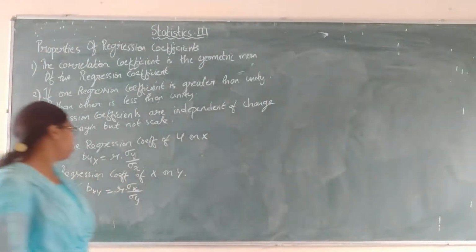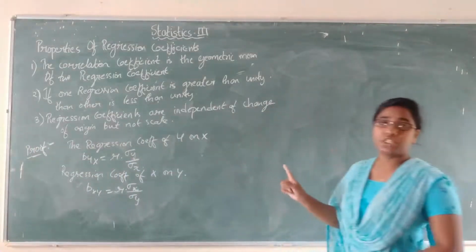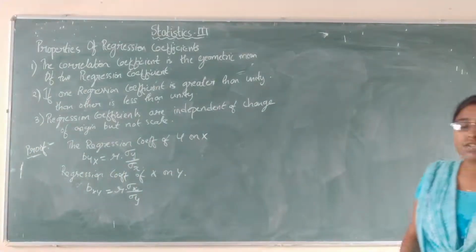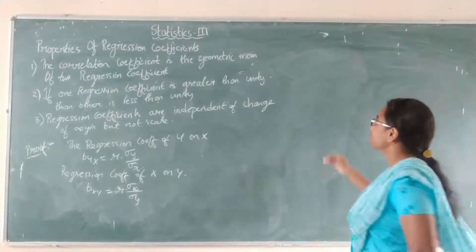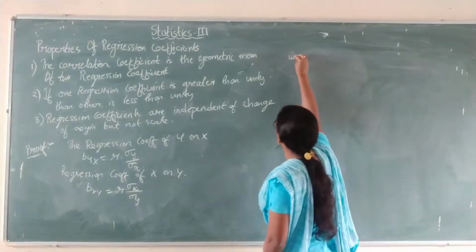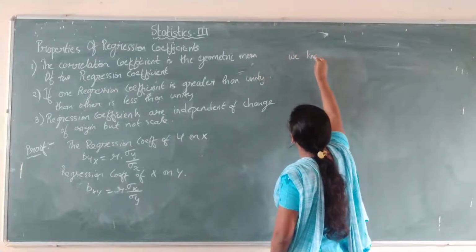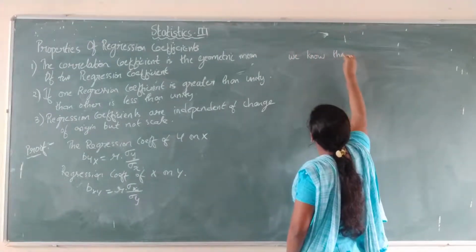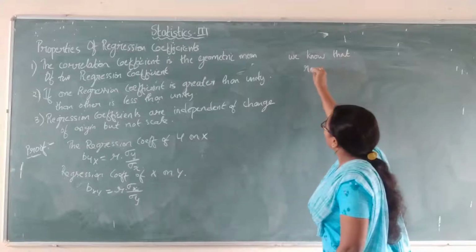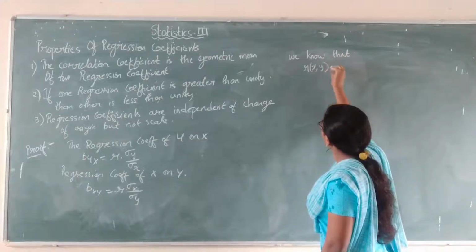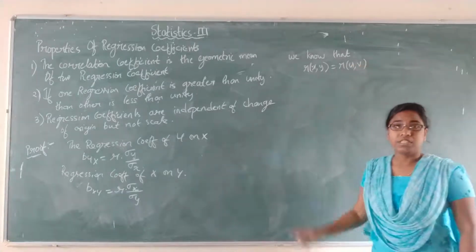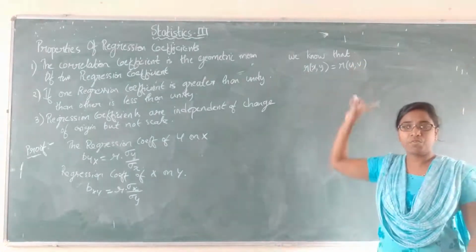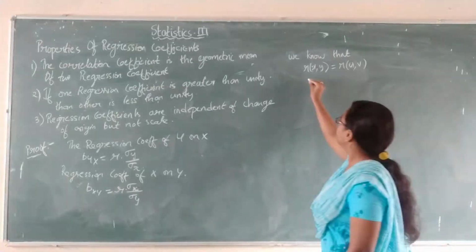Now what we have to prove? It is independent of change of origin but not scale. For this we will consider the correlation coefficient properties. From the correlation properties we know that r of x comma y is equal to r of u comma v, that is, it is independent of both origin and scale. What is the u value?